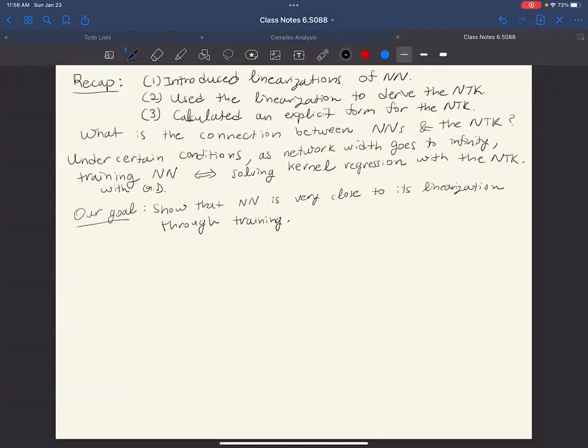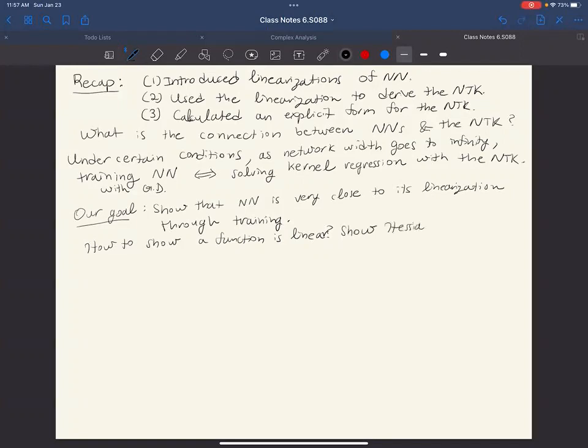And so how do you show that a function is linear? Well, the way to do it is that you just take the second derivative, in this case, the Hessian, and you show that the Hessian is very close to 0, while the first derivative, or the gradient, is constant.